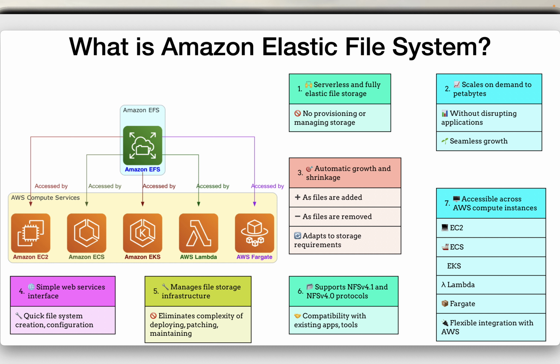EFS is accessible across most types of AWS compute instances, including EC2, Amazon ECS, Elastic Container Service, Amazon EKS, Elastic Kubernetes Service, AWS Lambda, and AWS Fargate, thus providing flexibility in integrating with your AWS environment.